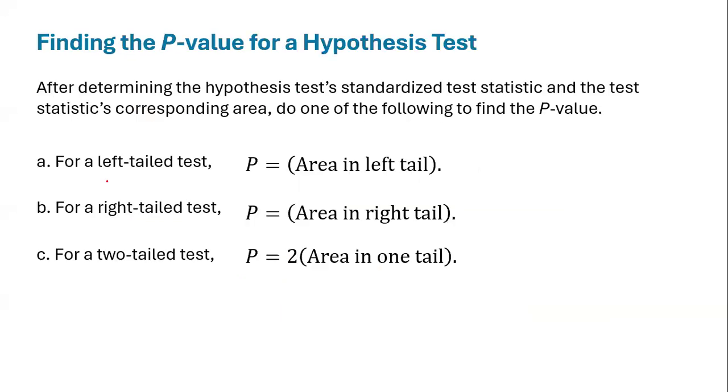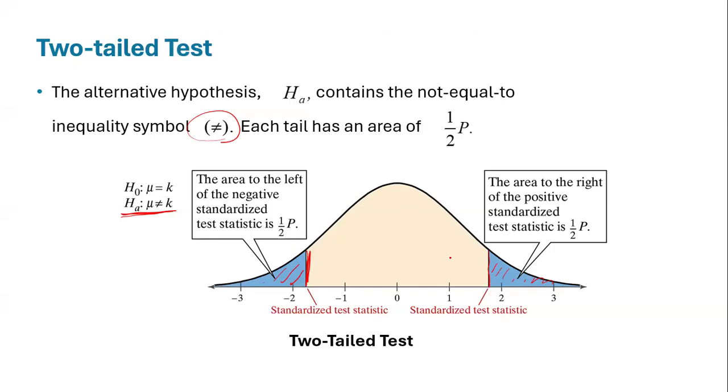So if you have a left tail test, the p-value is the whole area on the left. For the right tail test, the p-value is the whole area on the right. But for the two tail test, the p-value is 2 times the area in one tail. So you find the area in the right or the left, one of them only, and then multiply it by 2.